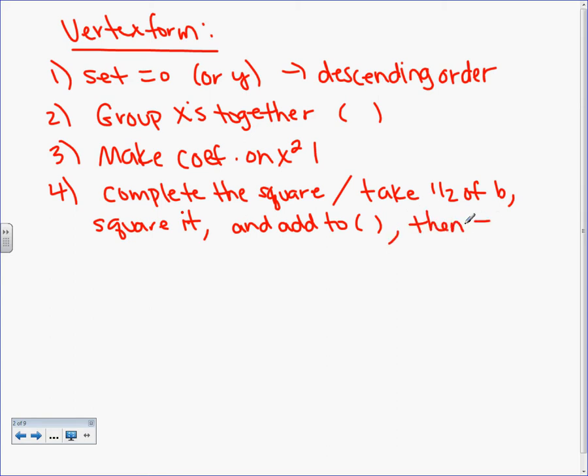Then, subtract it back out. Watch out for GCF. Sort of, I guess. I don't know how else to say that, though.